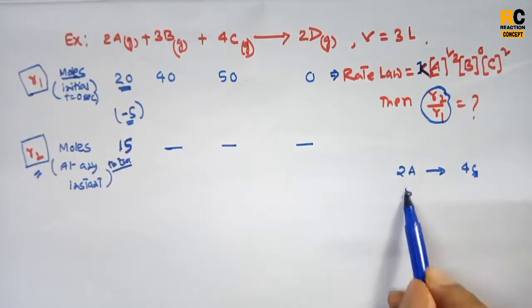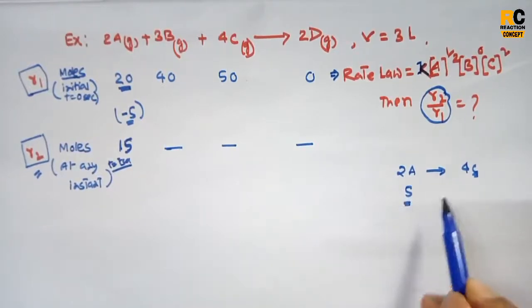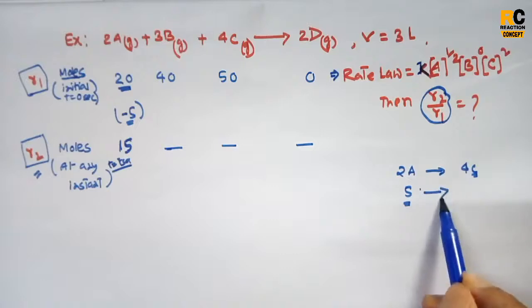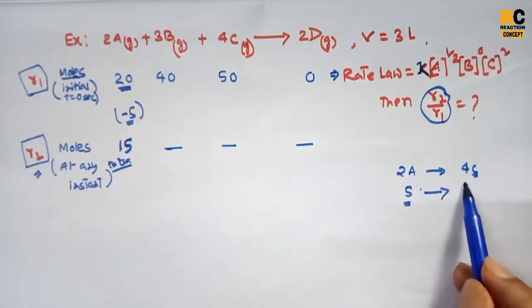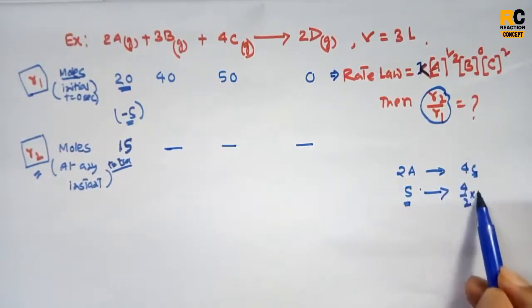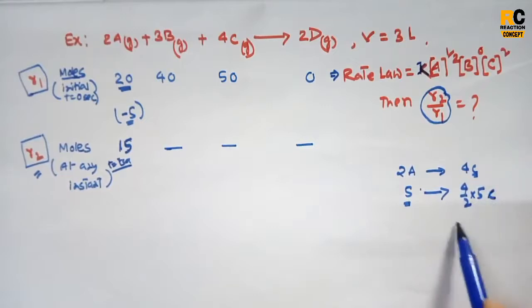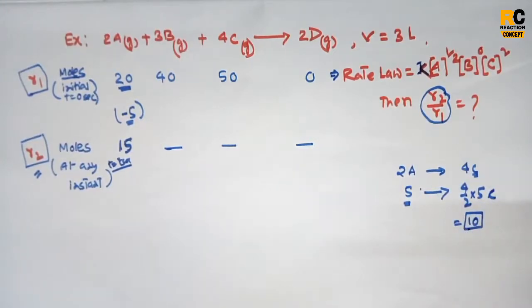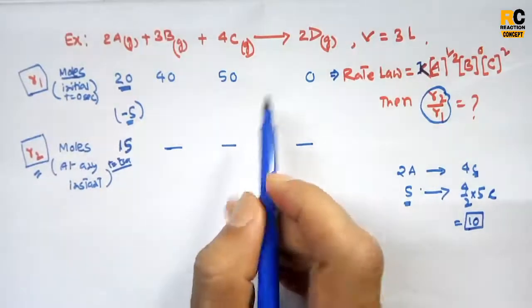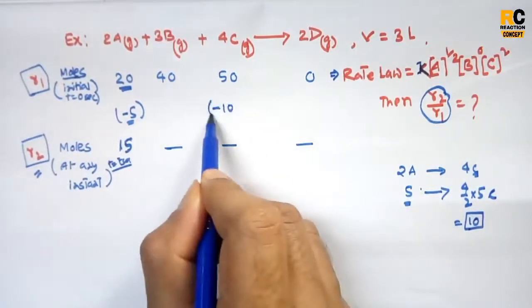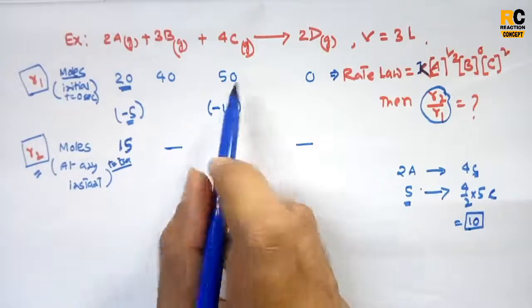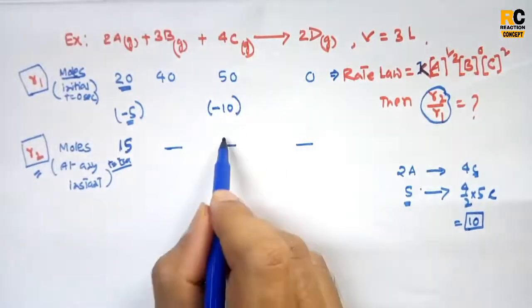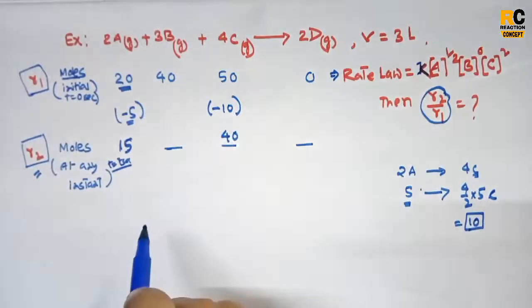So, since 5 moles of A is reacted, 5 moles of A will react with 4 by 2 into 5 moles of C. That is 10 moles of C is reacted. Since 10 moles of C is reacted, the remaining will be 40 moles.